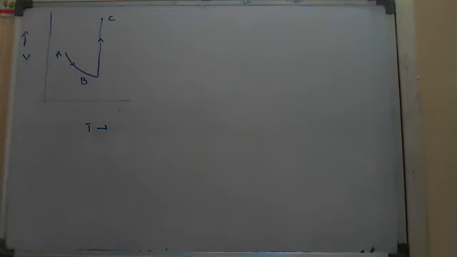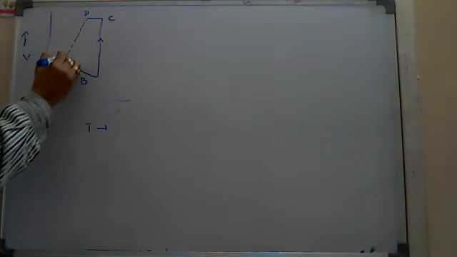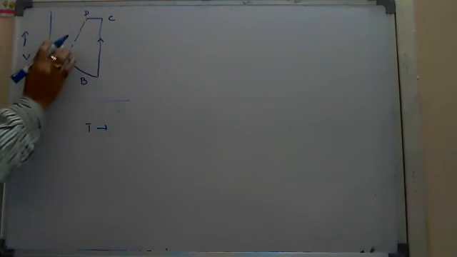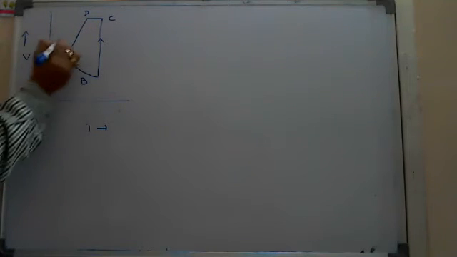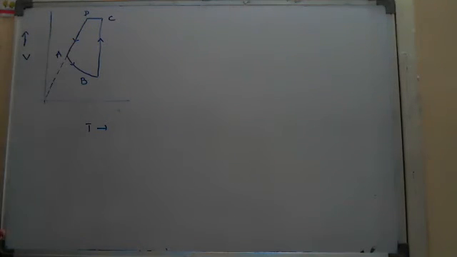Then here he gave volume constant like one line C to D, and finally a straight line passing through the origin, D to A, given like this. This is the graph Nana gave.